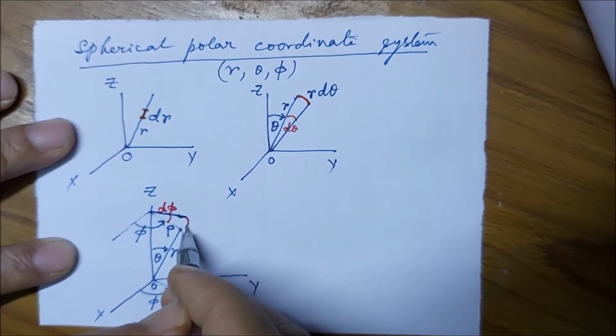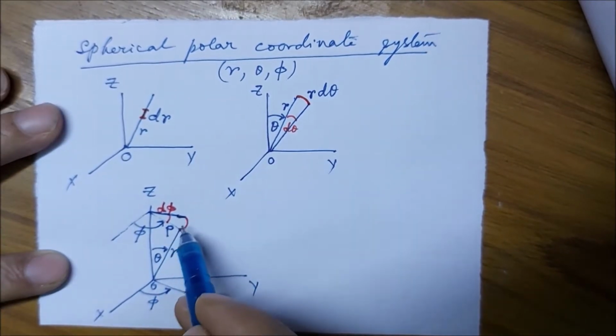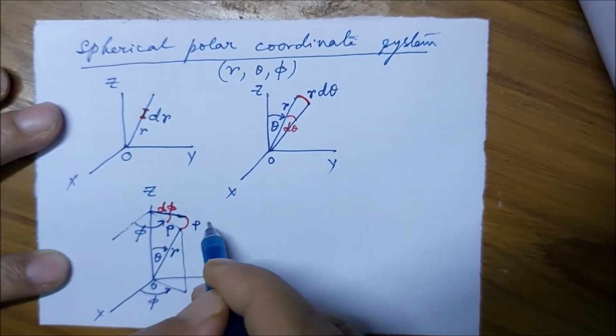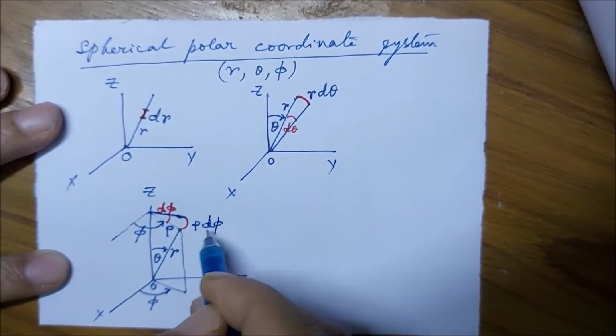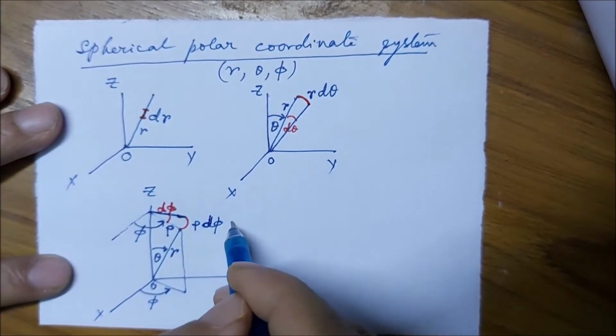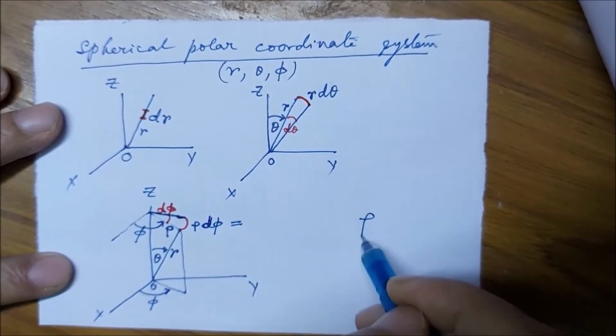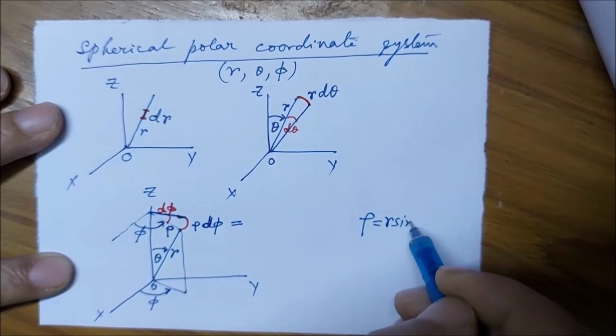Obviously an arc is traced here and the length of this arc element is rho d phi. So it is rho d phi, and use the relation that rho is r sine theta.